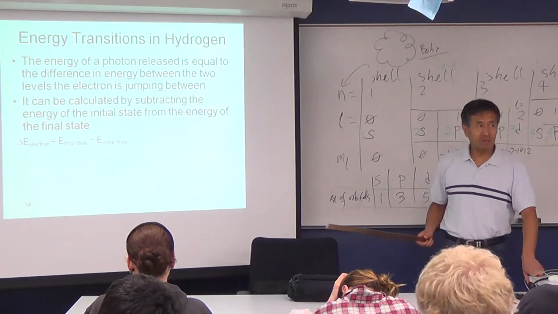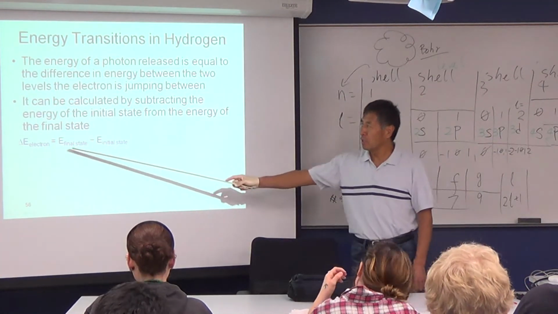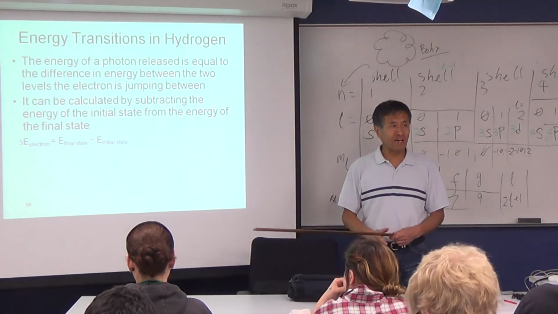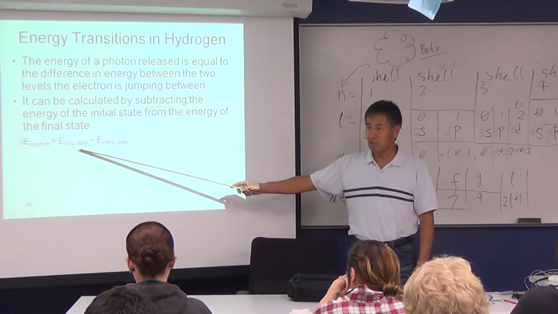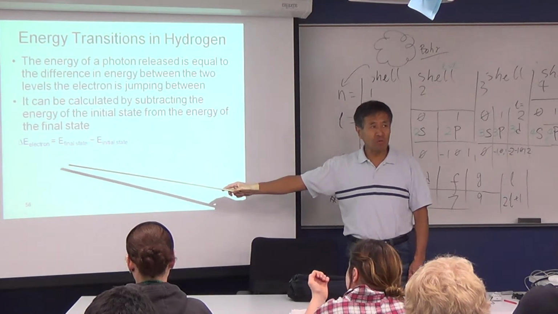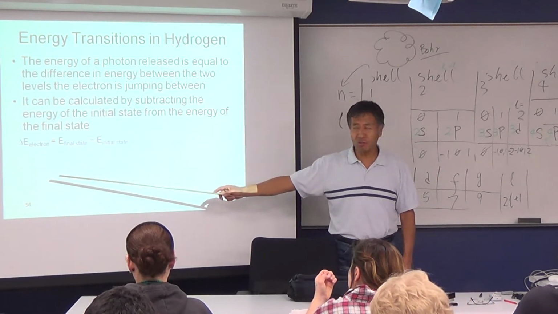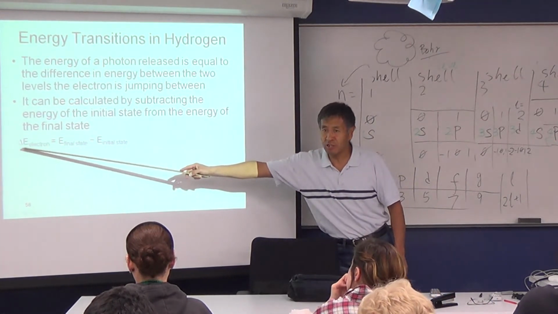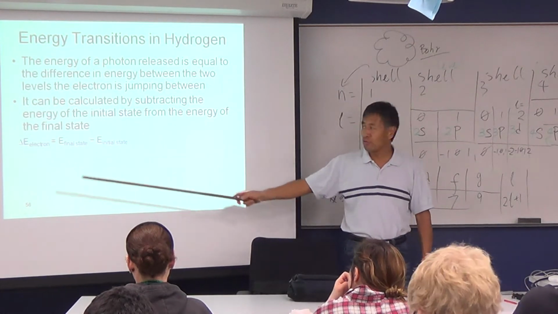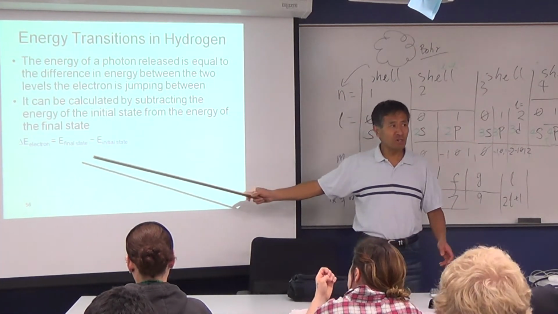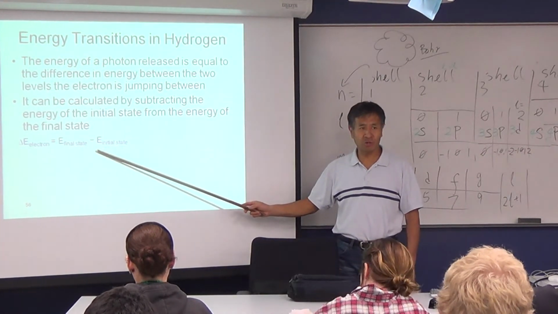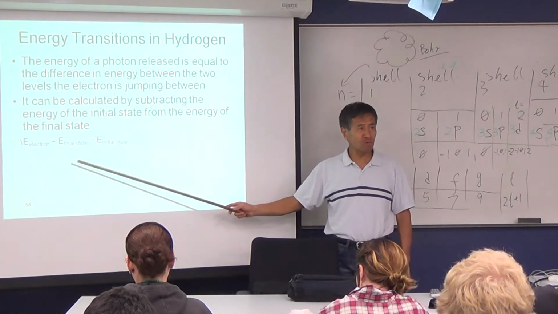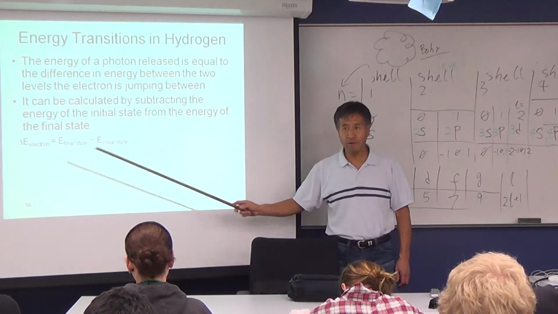You can find out the difference between the final energy for the electron and the initial energy for the electron, right? So as usual, what we did in chapter 6, you want to find the energy change. So this delta E is the energy change for the electron. And as you learned in chapter 6, any change is final minus initial.